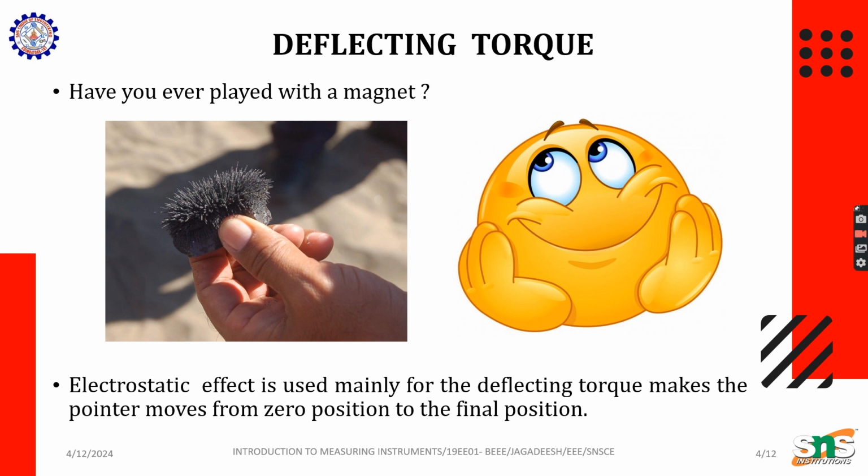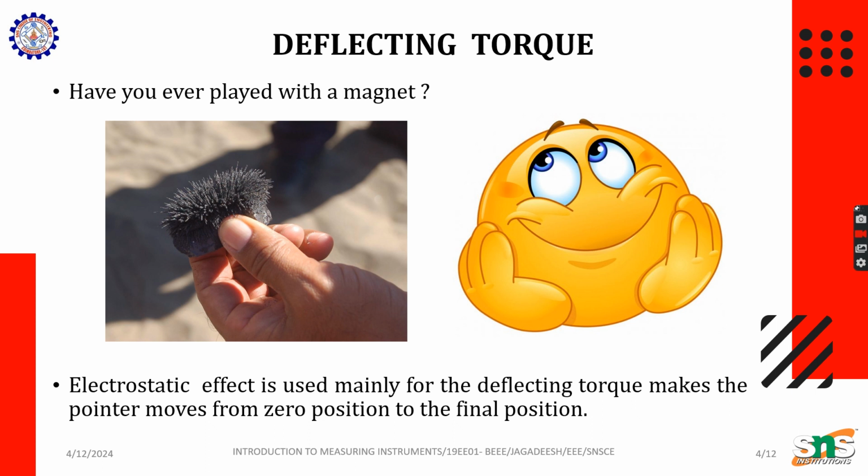That is not actually sand; it is iron particles present in the sand. When we keep the iron particles above a paper and keep the magnet below the paper, and we move the magnet, the iron particles also will move. So this is the principle behind the deflecting torque.